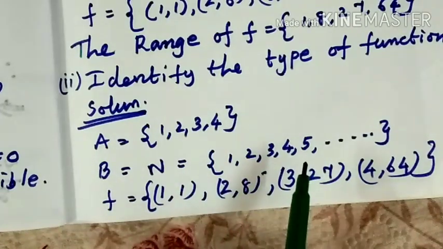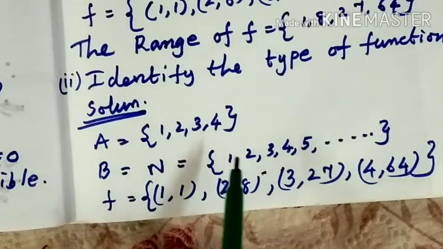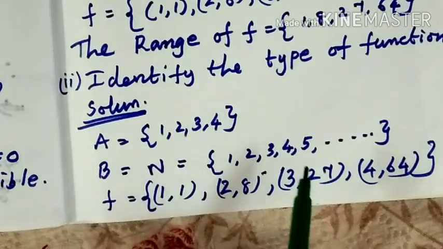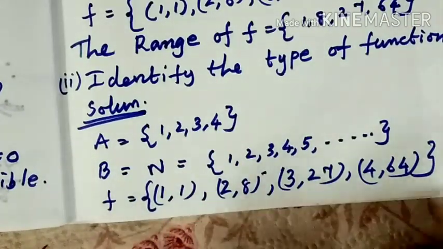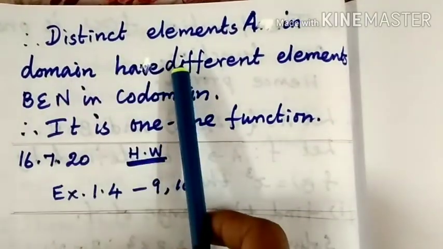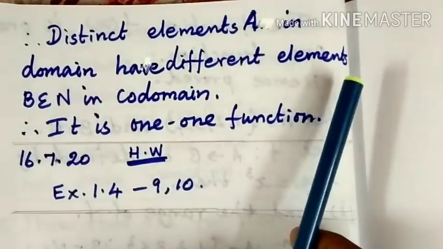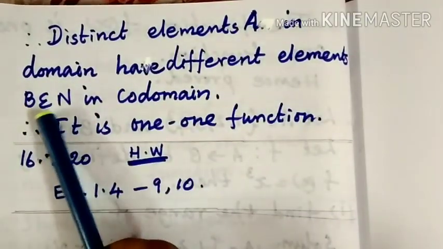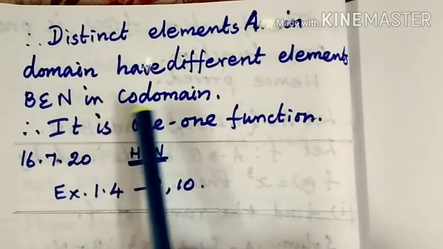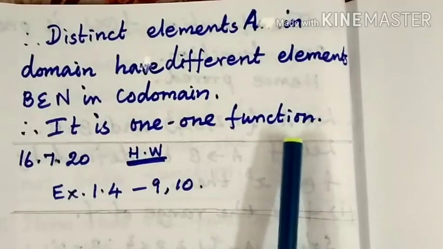Therefore, every element does not have a pre-image, so it is not an onto function. So now in the reason you write: distinct elements in domain A have different elements in codomain B belonging to N. Therefore, it is one-one function.